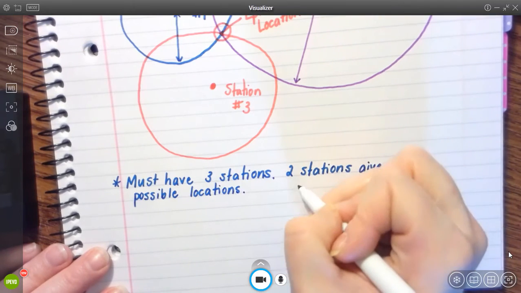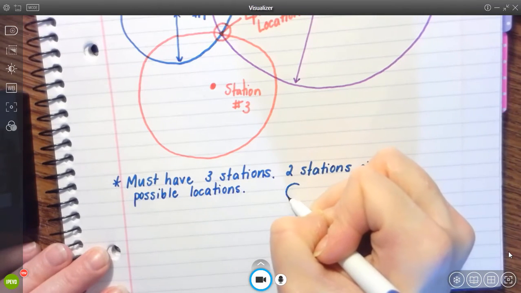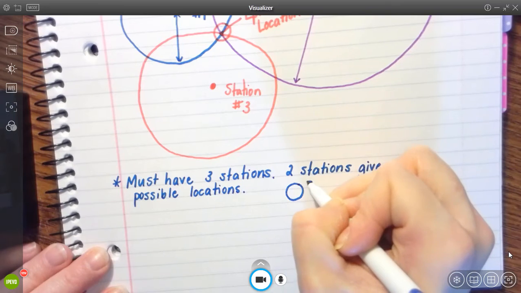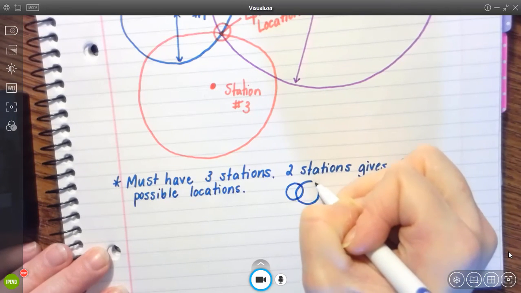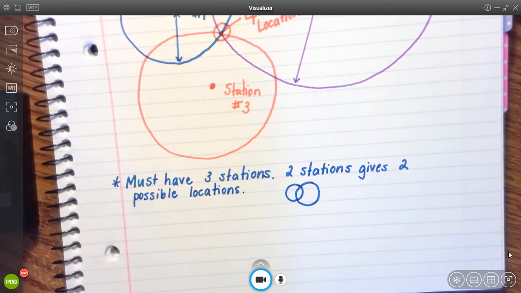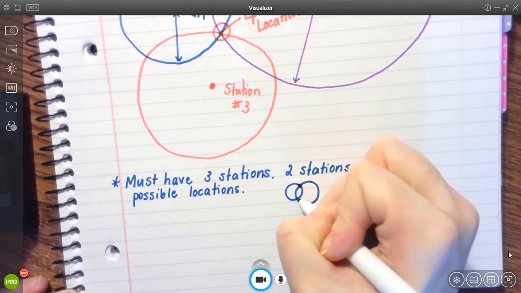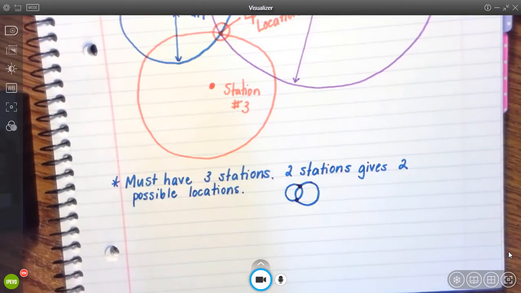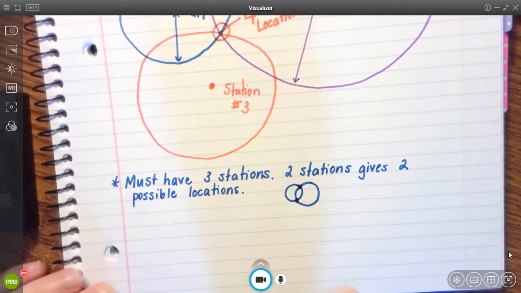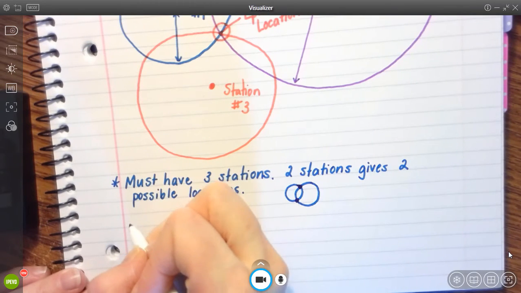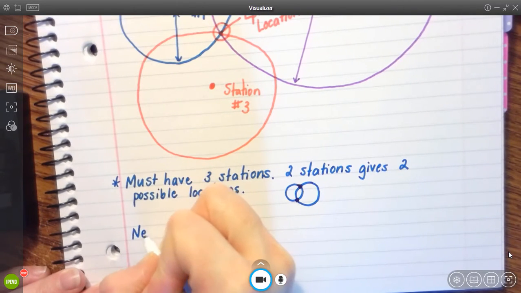And remember what that looked like. When we had 2 circles, and that's all we had, 2 possible points for that epicenter. The epicenter could have been here, or the epicenter could have been here. So 2 possible locations. That's why you have to have a 3rd station.